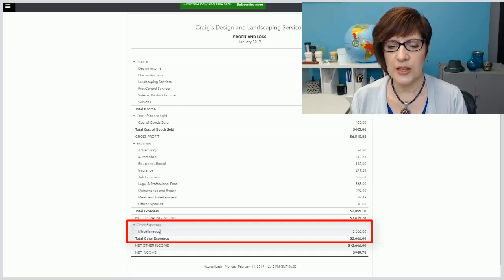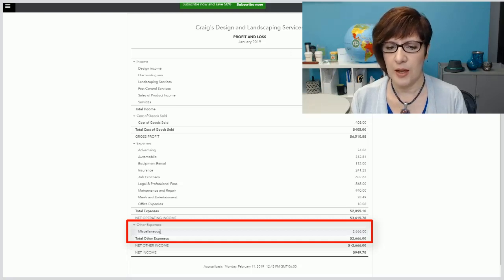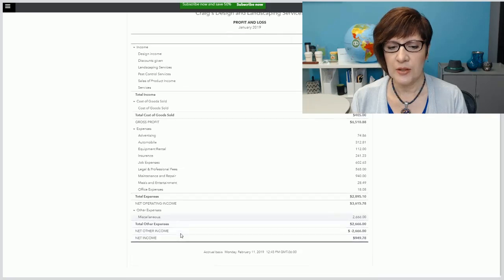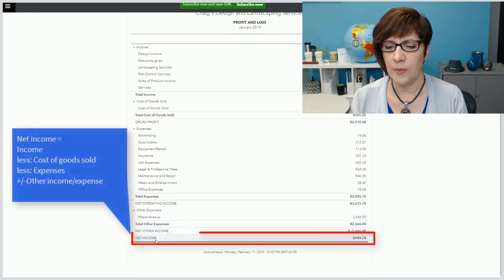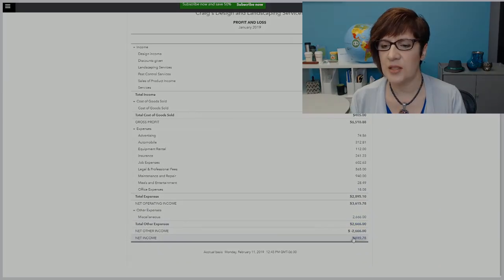And usually these are miscellaneous types of income and expense items. And then finally we see net income. So this is the net amount. This shows you the income minus cost of goods sold minus expenses minus other expenses. That is the net.